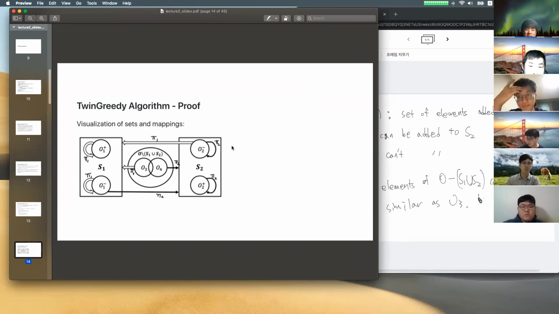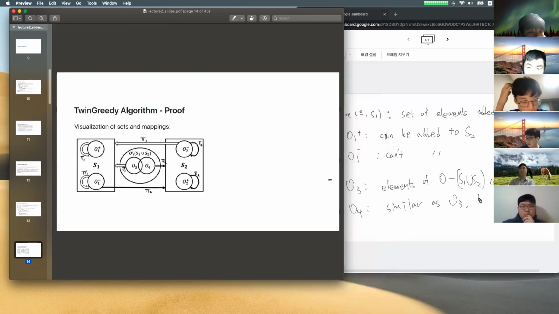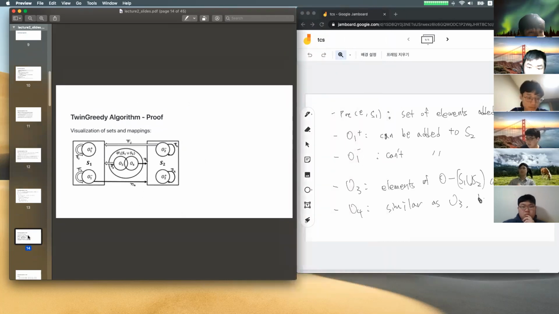Elements of O1 plus and O1 minus are mapped to themselves by pi1, and elements of O2 minus and O3 are mapped to somewhere in here by pi1, and pi2 is similar. And we have some more lemmas to prove for the algorithm.